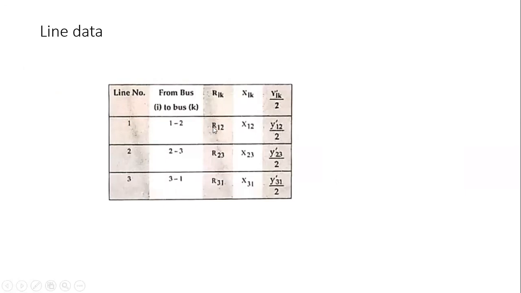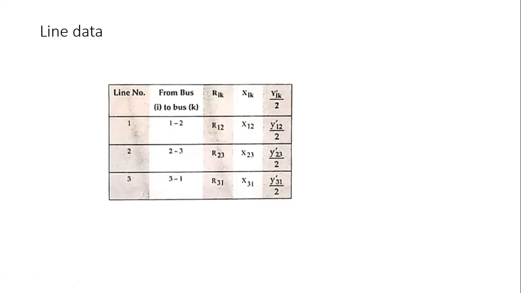Therefore, resistance R12, X12, Y dash 12 by 2. Next, 2 to 3: R23, X23, Y dash 23 by 2. Next, 3 to 1, line number 3: R31, X31, Y dash 31 by 2. This is the line data.